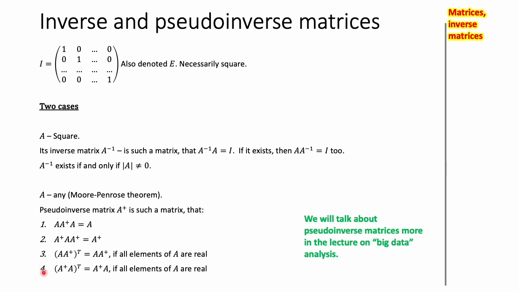Both 3 and 4 hold strictly when the elements of A are real numbers. So far we haven't discussed any other type of numbers except for real numbers, but later in this lecture we will, and then a certain modification will be required for this pseudo-inverse definition. However, so far for real numbers it holds as it is written here.